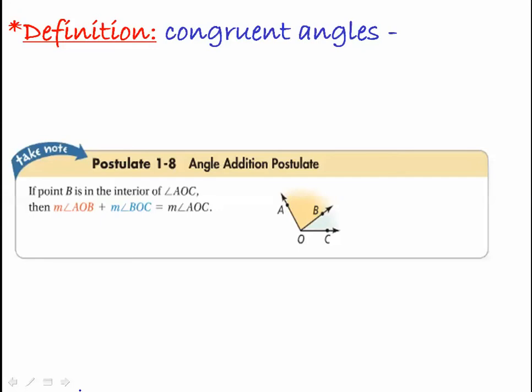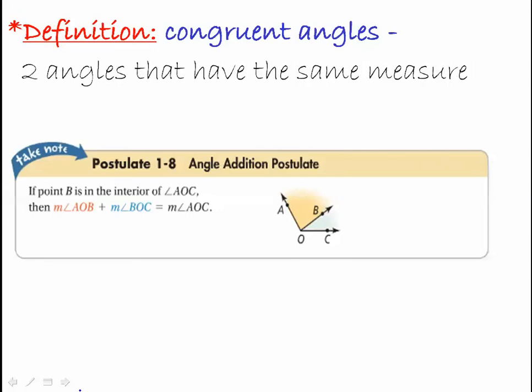We talked about the word congruent in our last lesson. So congruent angles are simply two angles that have the same measure. Now we're going to look at another postulate called the angle addition postulate. The angle addition postulate is very similar to the segment addition postulate, which we learned in the last lesson.